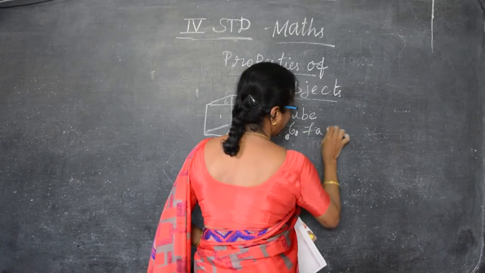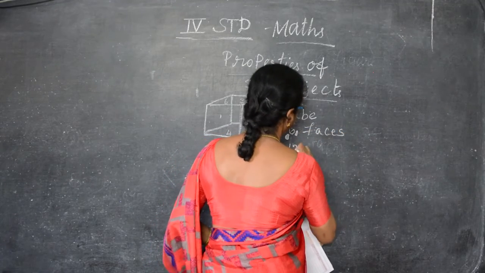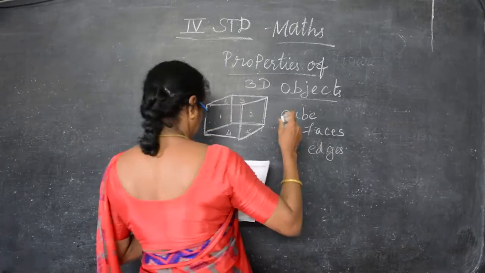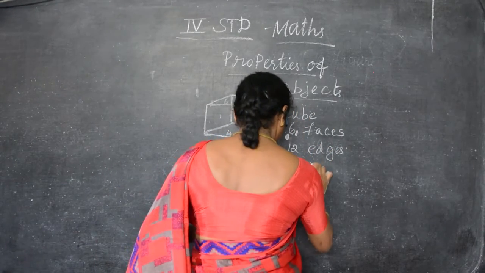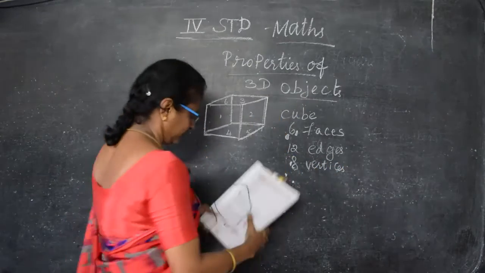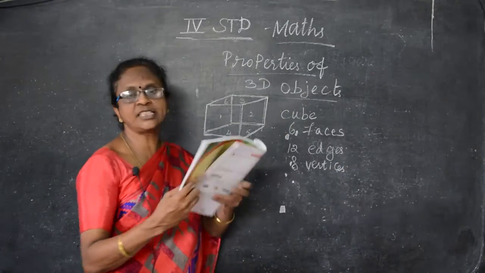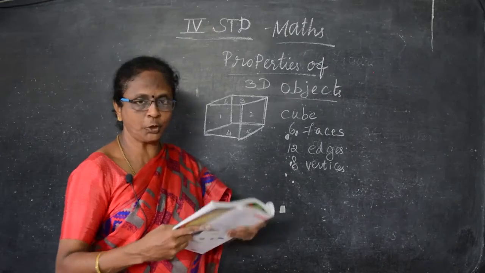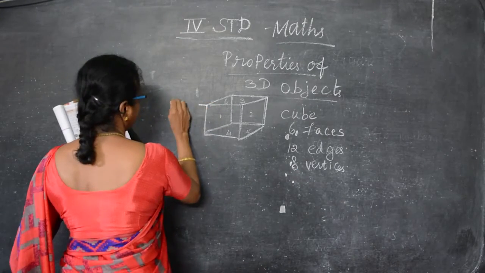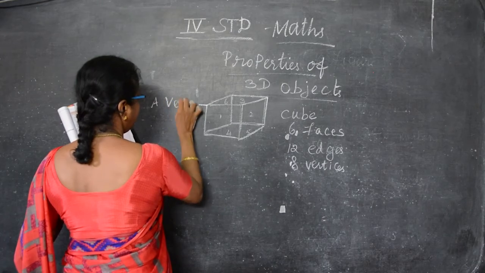6 faces, 12 edges and 8 vertices. 8 vertices are the corners. And all the 6 faces are equal in the cube. Okay children, this is the vertex. This is a vertex.